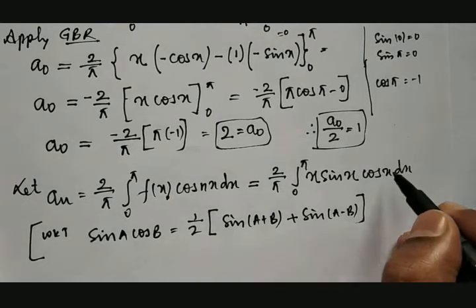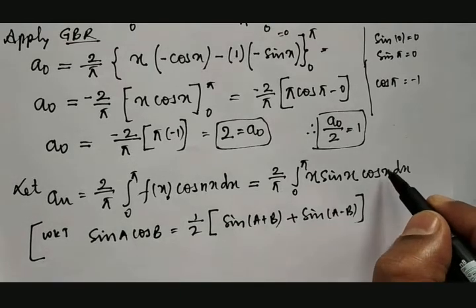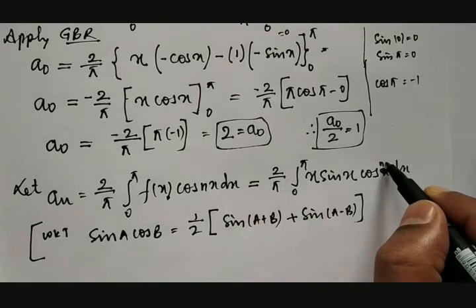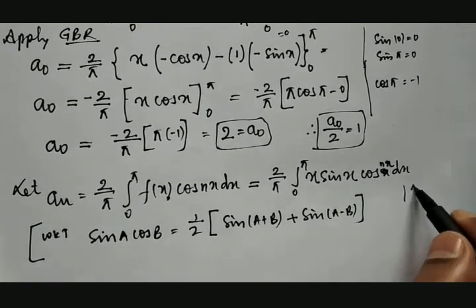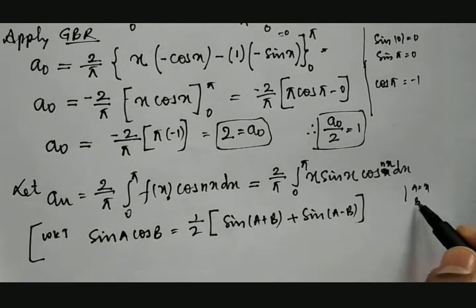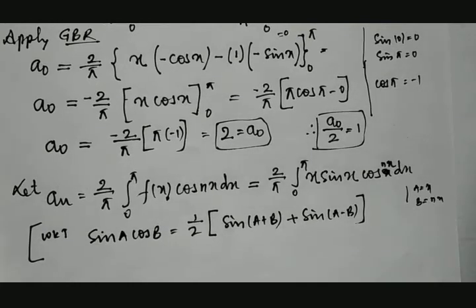We are having, just a minute, this will be nx. Fine. So here A is equal to x and B is equal to nx.